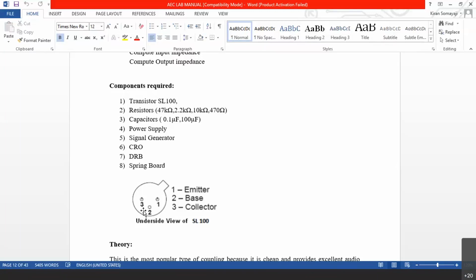There will be aluminum fins connected to that heat sink, and the transistor is mounted along with it. Even though the transistor has a metallic body, all the heat across the transistor may not be effectively dissipated, and if the temperature of the transistor increases, its life gets reduced. To compensate for that, the transistors are mounted on an aluminum heat sink so that the aluminum will dissipate the heat.